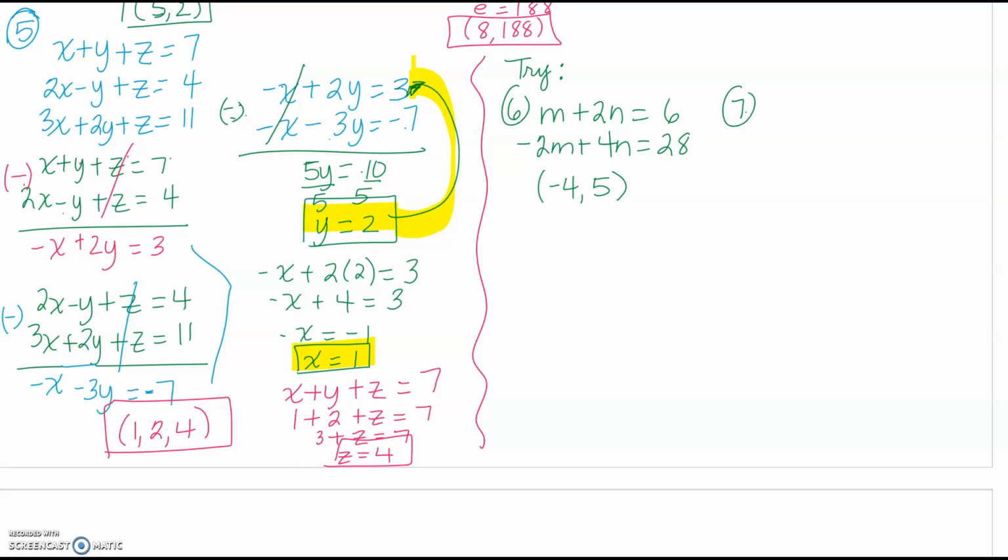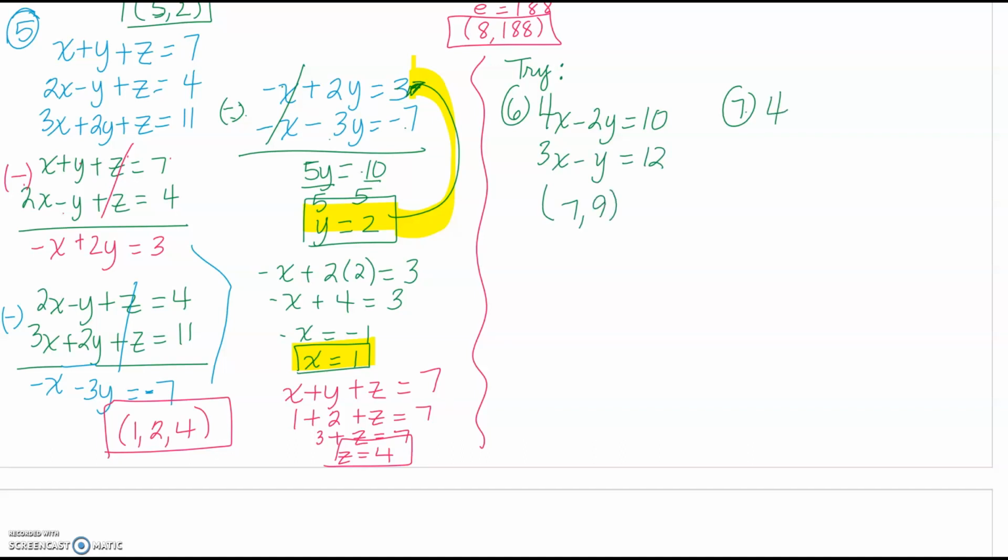Number 7. Nope, I don't want you to do that one. Scratch that, we just did that one together. The one I do want you to do, sorry, is 4x minus 2y equals 10 and 3x minus y equals 12. That solution, x is 7 and y is 9.